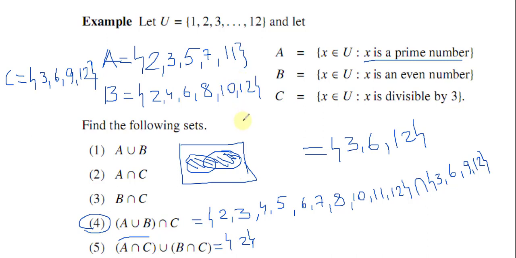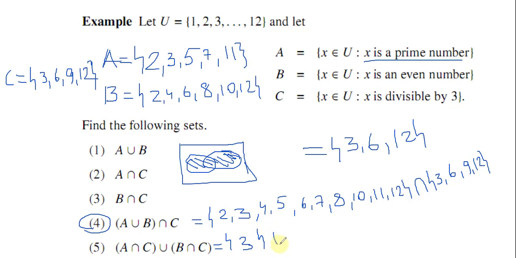So this is A and C. A intersection with C is 3, and just 3 here we have.